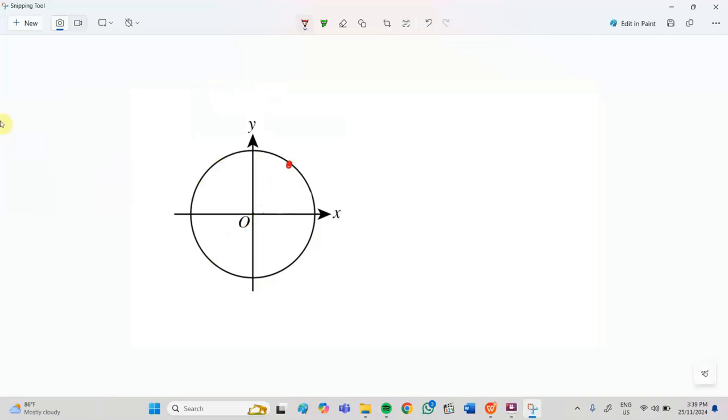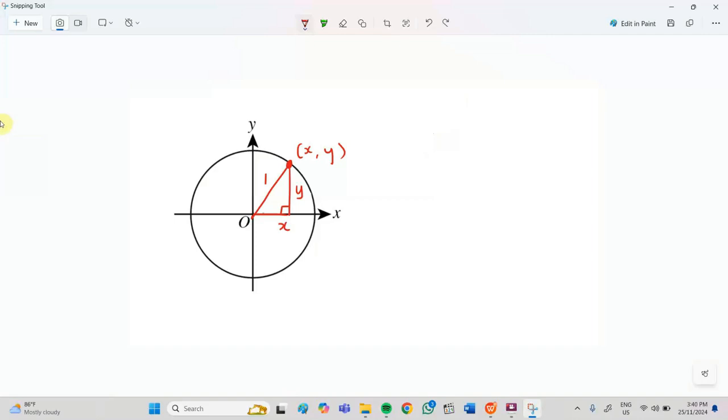And hence, if I have a point here, I draw the radius, which is of unit 1, and I draw a vertical line here. I'll form a right angle triangle. And then the horizontal length here will be denoted by the x value, and the vertical length here, y. And notice that the coordinate of this point is also x and y.